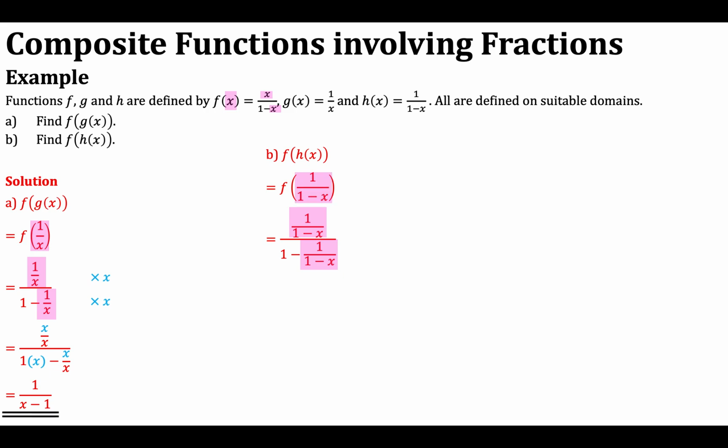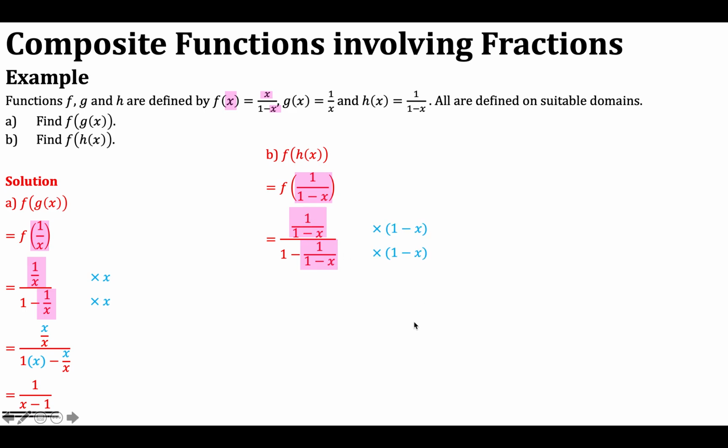Again, we have this scenario where there are fractions within fractions. So I'm going to multiply by the denominator of the smaller fraction. I don't mean smaller as in the actual value of the fraction, I mean smaller as in it's written smaller just now.